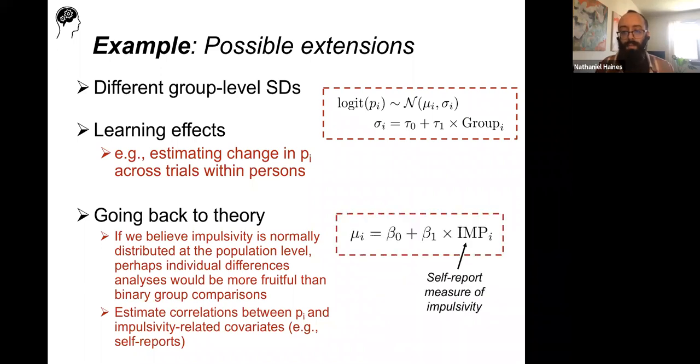So as opposed to just estimating a group difference, maybe we're interested in some continuous self-report trait that we have, and we can look at the relationship between some continuous trait measure and the underlying probability of responding bad for each person. So something that looks more like this, right? And so those are just some ideas for possible extensions that we might make to the model to better capture some of our theories and allow us to dig deeper into the problem.